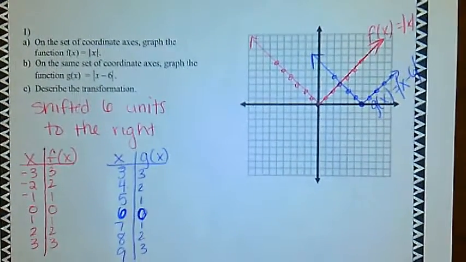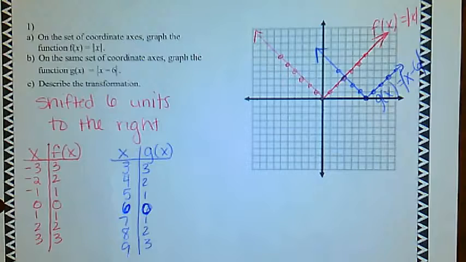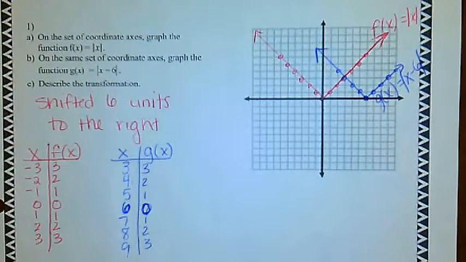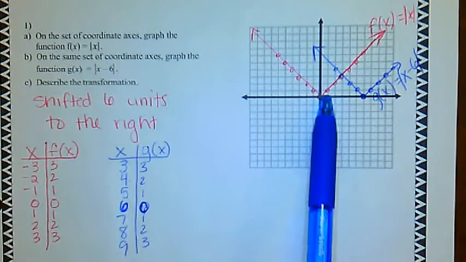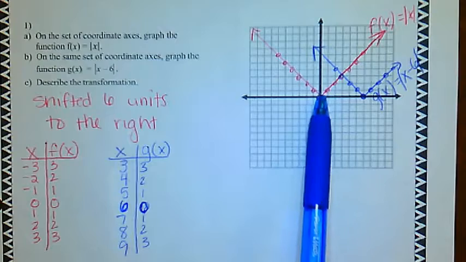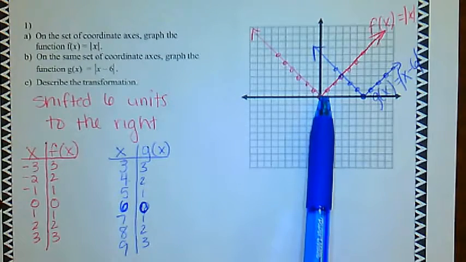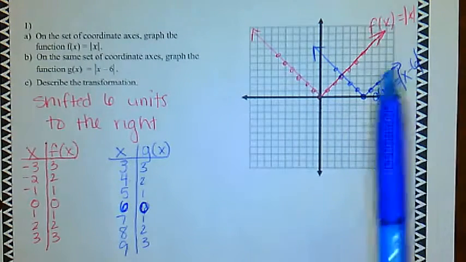First you had to graph two absolute value functions and explain how g of x transforms from f of x. So first we have our regular parent function, which is just the absolute value of x.